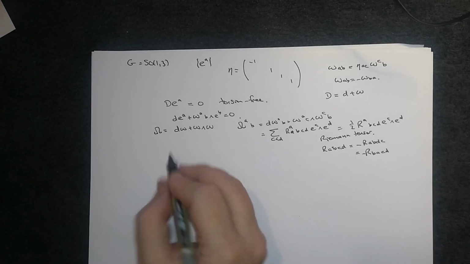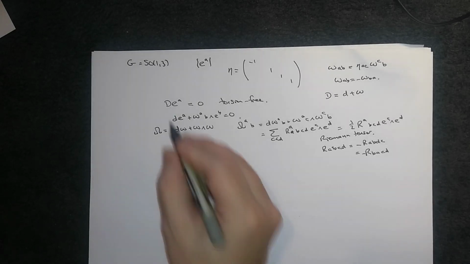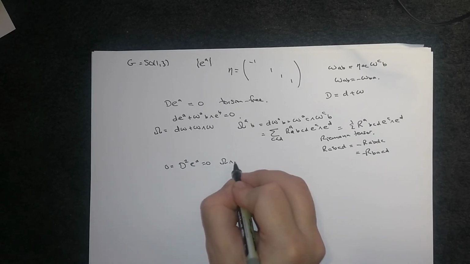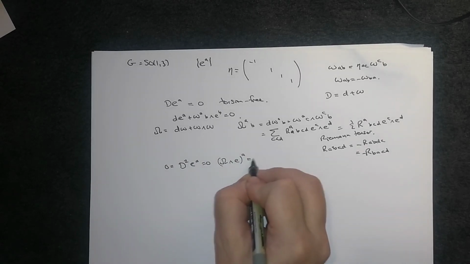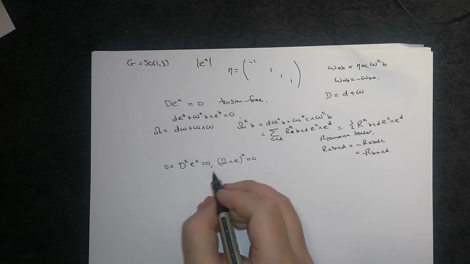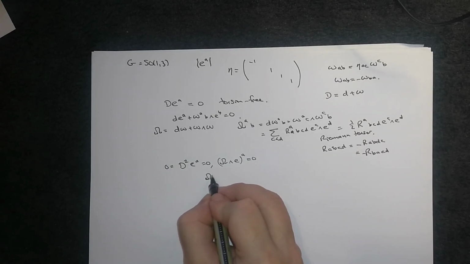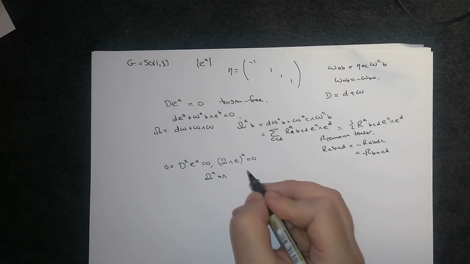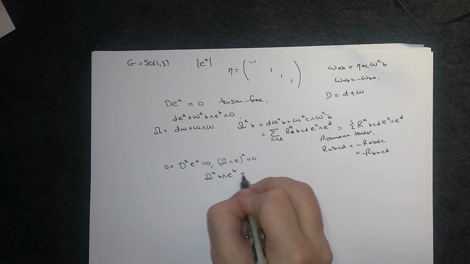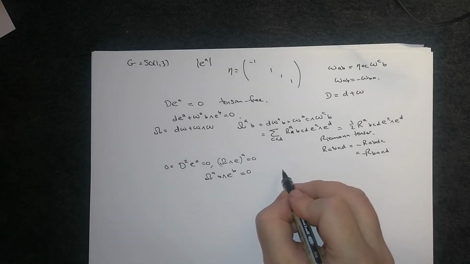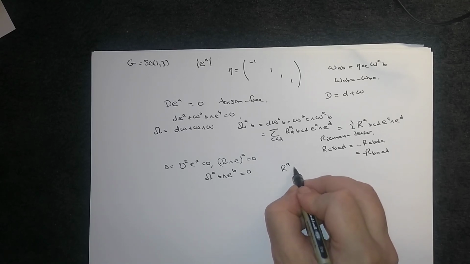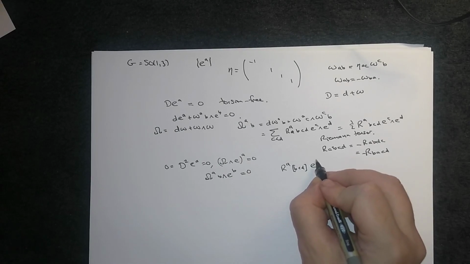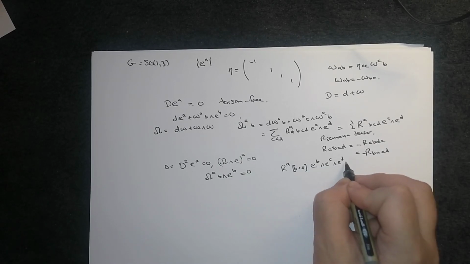Okay, let's apply d to this equation. So d squared E^A is 0. That's omega wedge E^A, which is 0, or omega^A_B wedge E^B is 0, which implies that R^A_B_cd antisymmetrized E^B, E^c, E^d is 0.